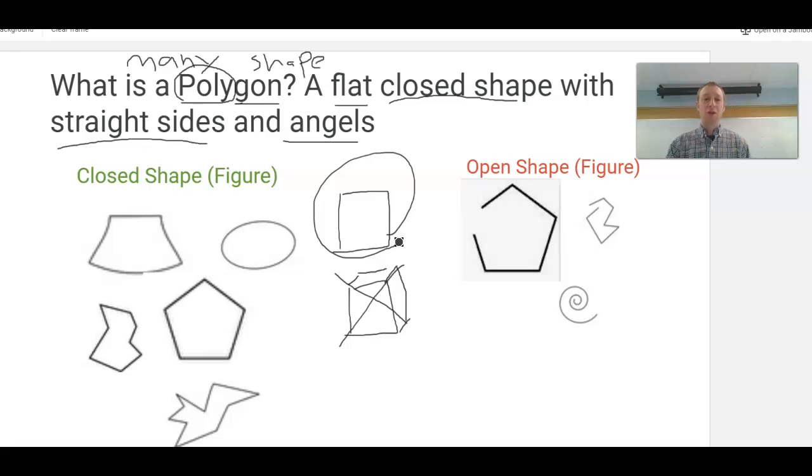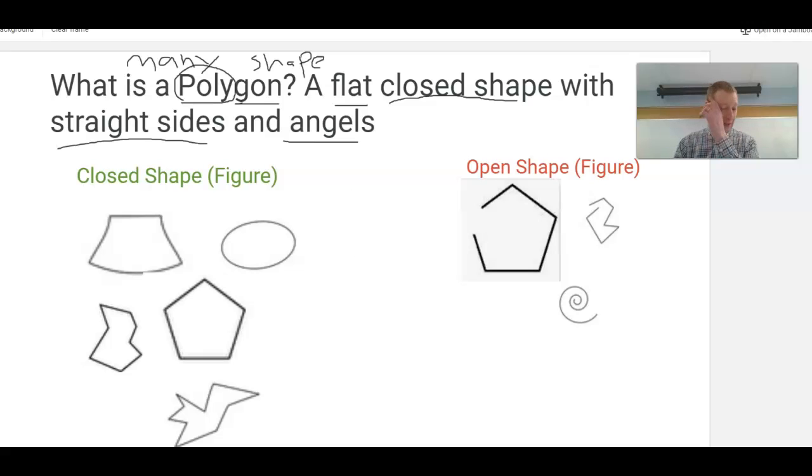Now, a polygon is also closed. What does that mean? Well, closed means that all the sides come together to close it off. There's no openings, okay? So these are all closed shapes. You can see the sides all come together. It's closed. There's no way to get out.